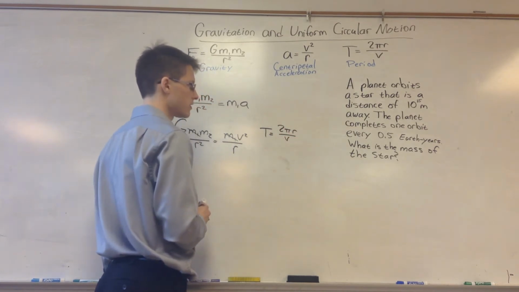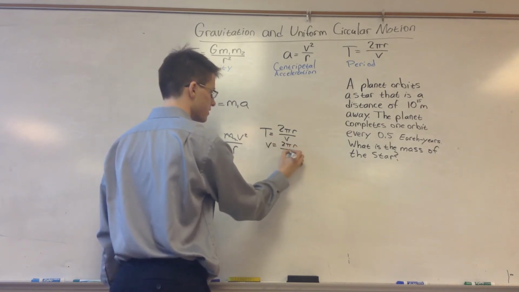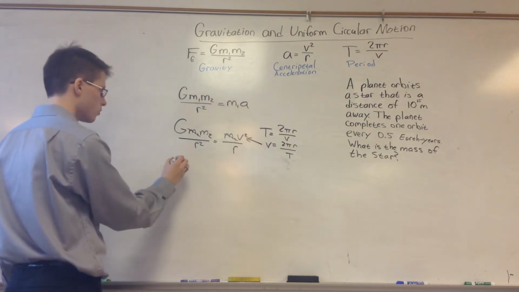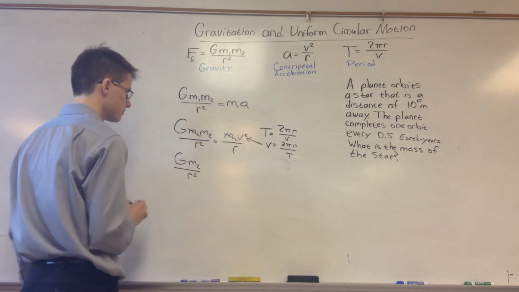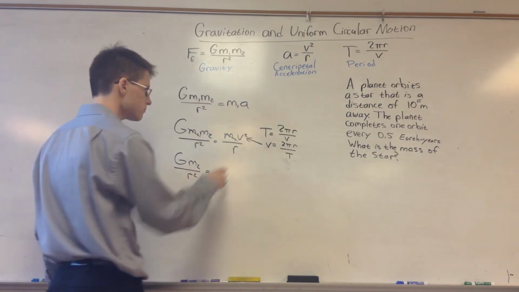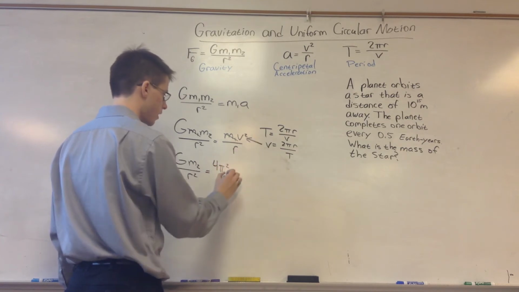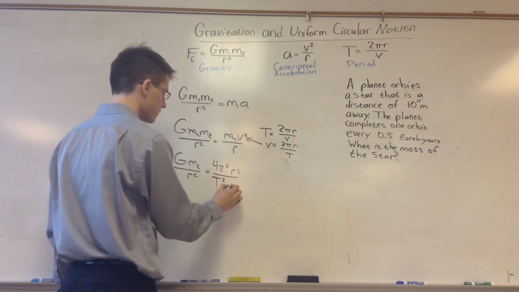Now what we can do is solve for v, and we get that v equals 2 pi r over T, and we can substitute this into this equation. So bringing this down, we have G m2 divided by r squared is equal to v squared, so 4 pi squared r squared over T squared, and that's divided by r, so times 1/r.